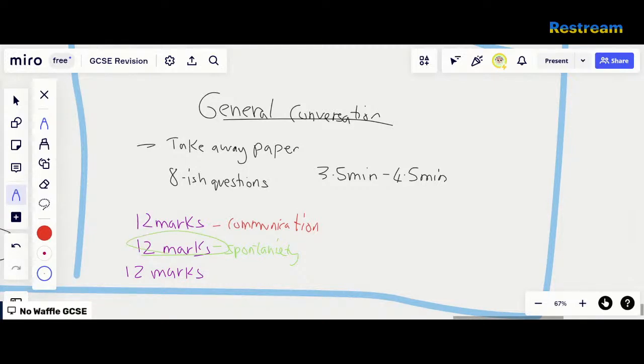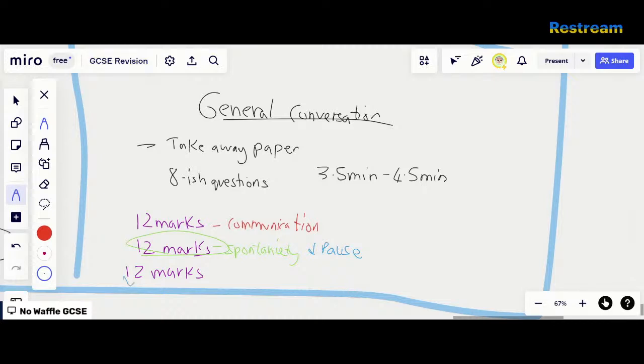But things that will restrict you in terms of this band is if you have loads of pauses, if you start speaking English, for example, and not necessarily mistakes, just if you're pausing and breaking the flow of your dialogue.